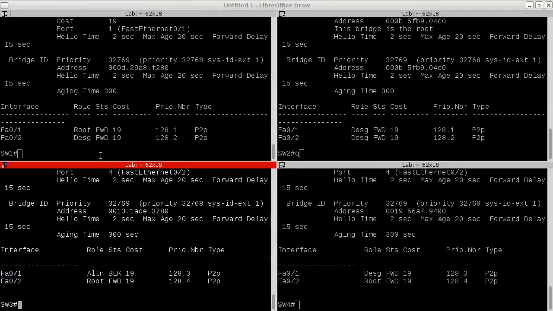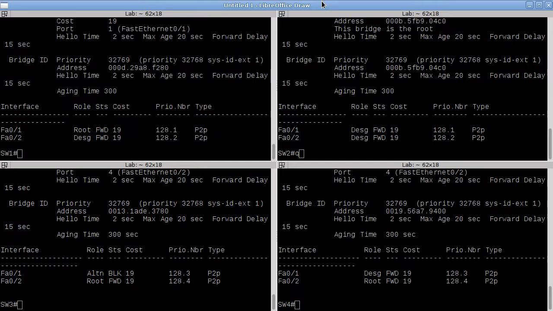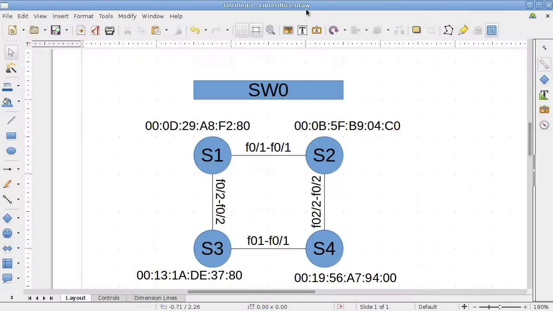So how does it come to the conclusion to block this one and not this one? I mean, we have equal cost this way, and we have equal cost this way. So I think the next consideration is the bridge priority. I mean, of the sender.